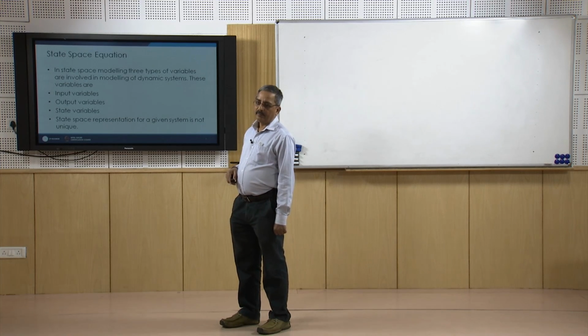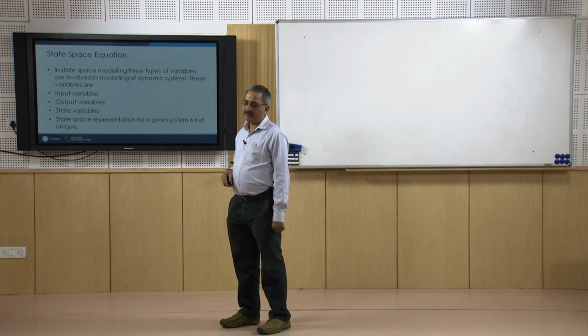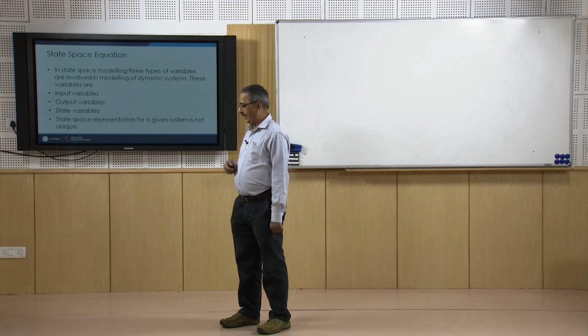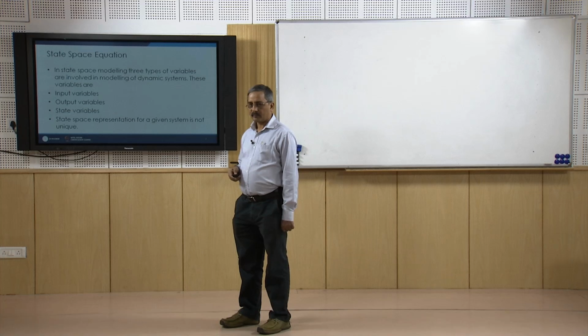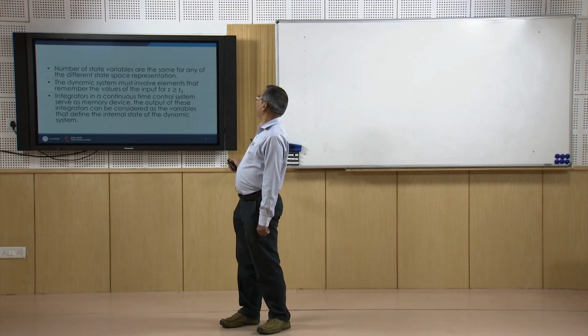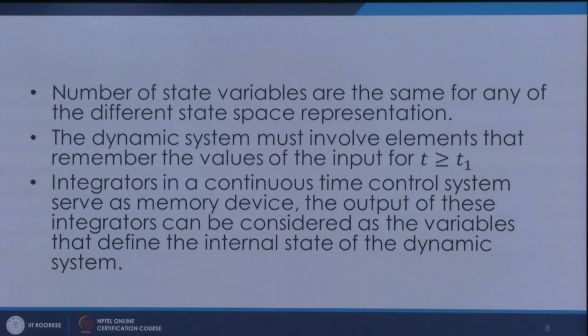So, you can have different ways of representing the state space model for a system, but the number of state variables is going to be the same. The number of state variables is the same for any of the different state space representations.